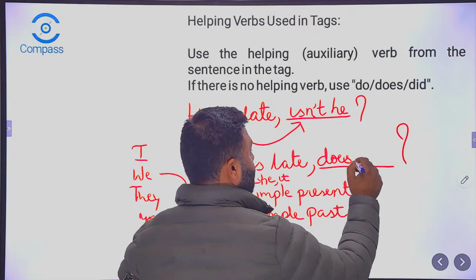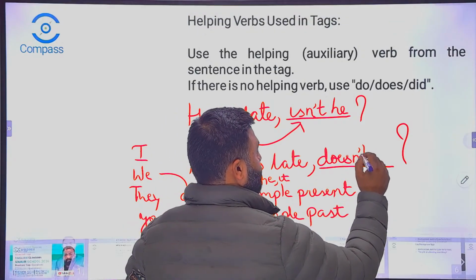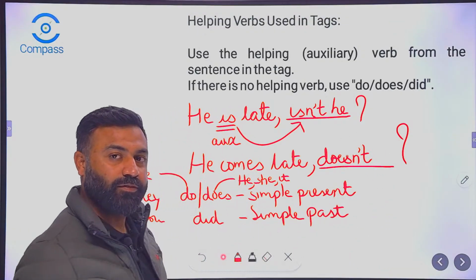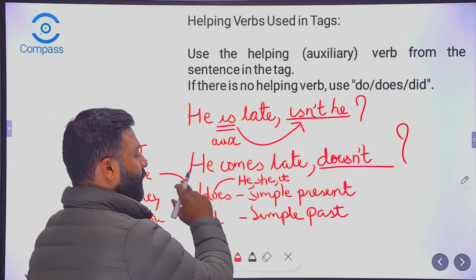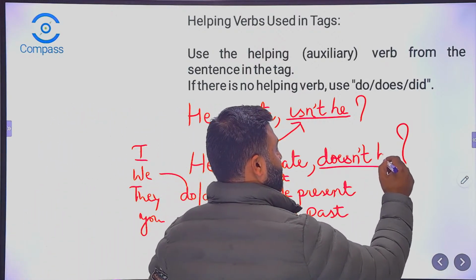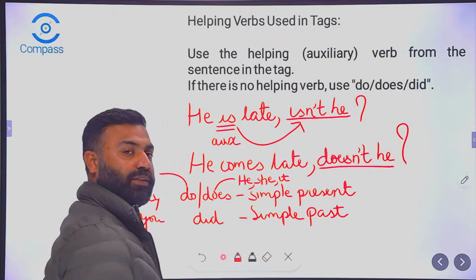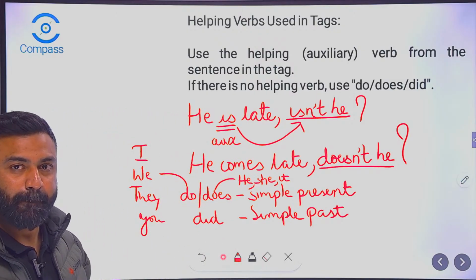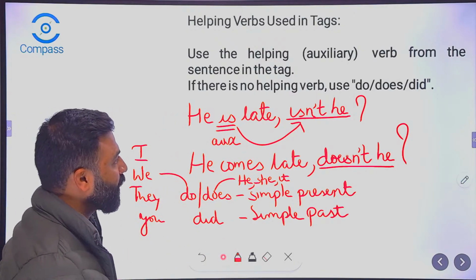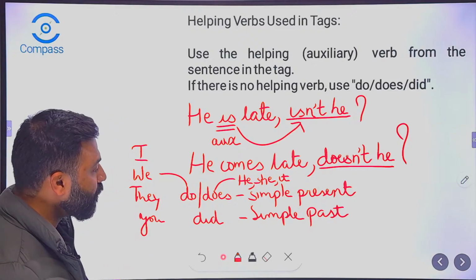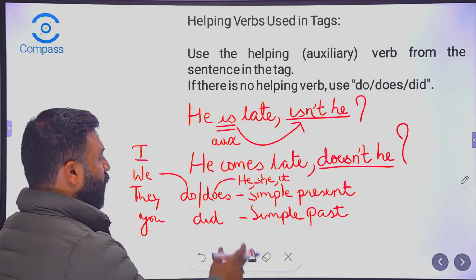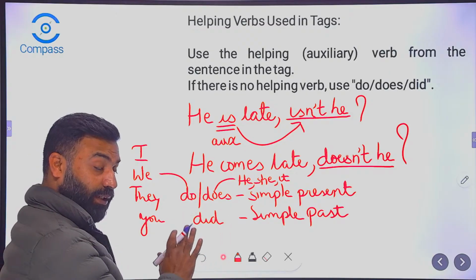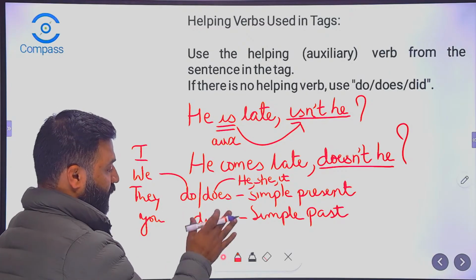It will become doesn't. And then the subject here, doesn't he. I hope this is clear.